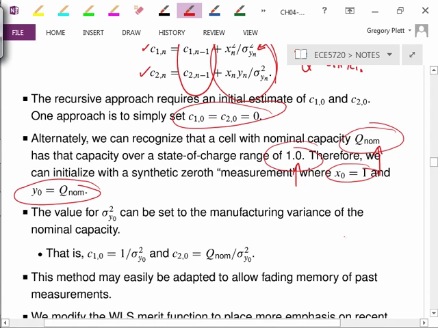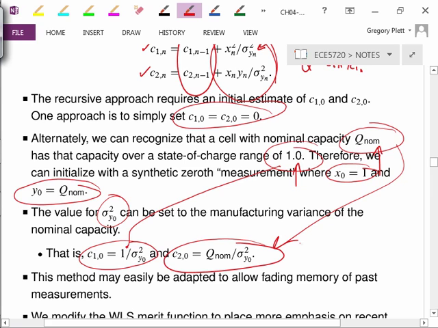If we have any idea what the manufacturing variance of that capacity might be, so from cell to cell, how different is every cell from Q nom at the beginning of life, we would set that variance to be sigma squared y0. And then we could say that c1,0 is 1 over sigma y0 squared, and c2,0 is Q nom over that manufacturing variance.